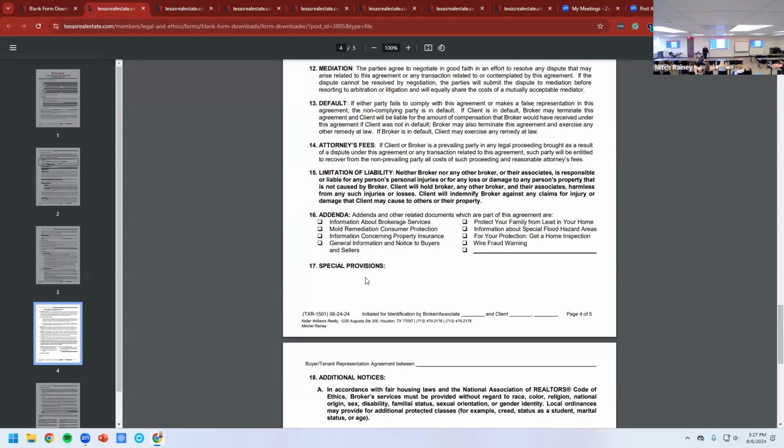Client will take full responsibility and release of liability. I pretty much took this paragraph 15 and reworded it and put it in paragraph 17, letting them know they may want to bring somebody, but you're going to be responsible for their activities. If they get hurt, they can't sue us. They can't sue the broker, okay? Unless you trip them.